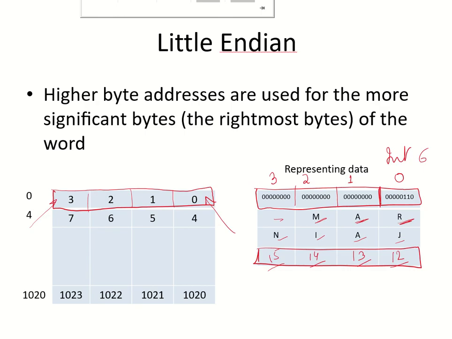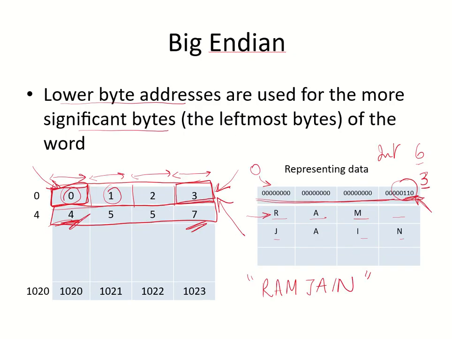Suppose integer 6 was being transferred from big endian to little endian and we were doing it address wise. The address over here, which was 0, this address had this data. It would have gone to 0 of the little endian.